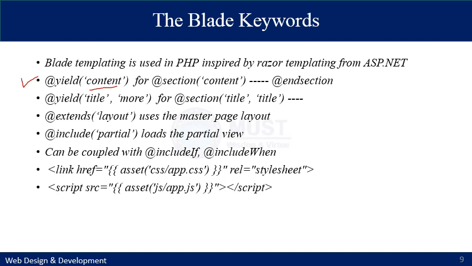That means in a child page, if you have a section defined by @section named content, and then you have a number of contents in the section which will be marked by the end of section, it will be displayed using the @yield content keyword. Again, if you want to yield the title, you can use the section title in your child page, and it will be yielded to the master page using the yield title.